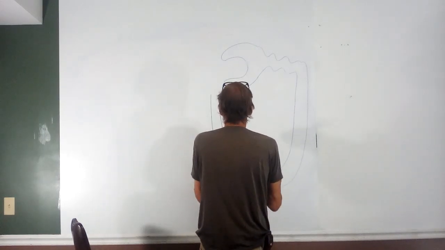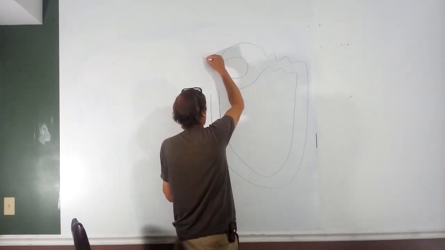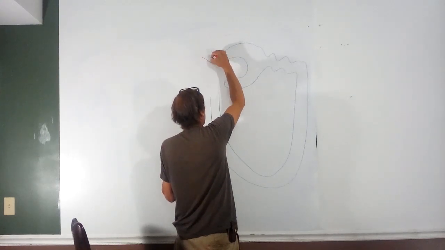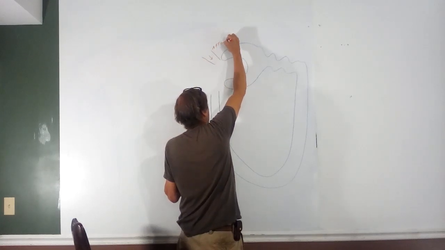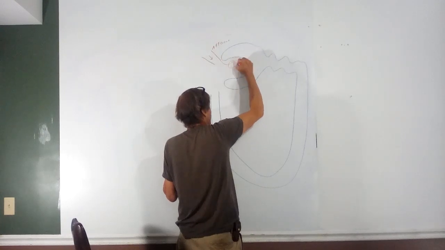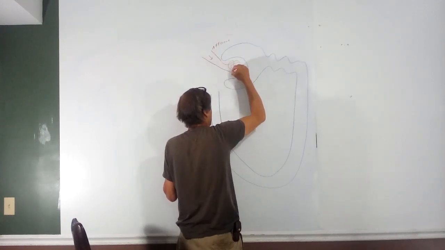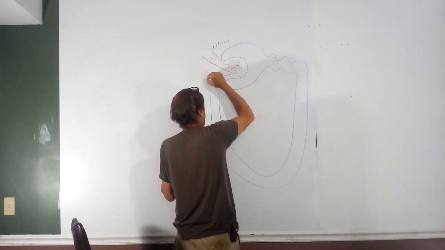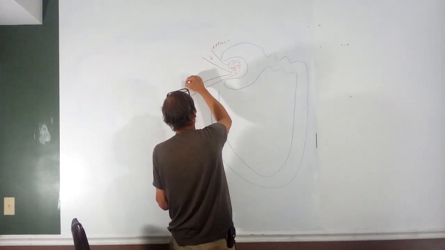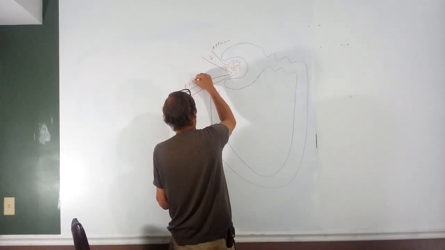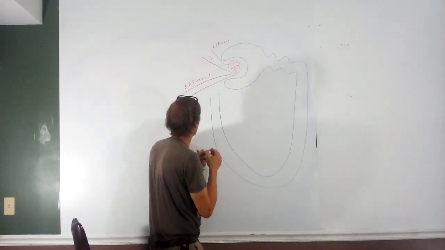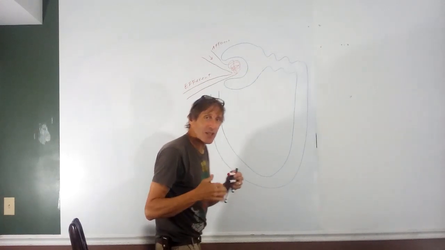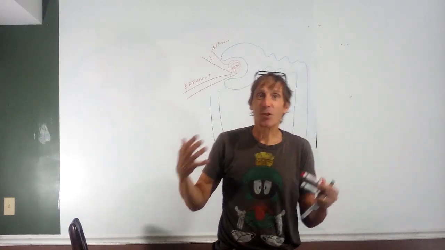Let me put in the blood supply. So we had an afferent arteriole coming in. Let's go this direction, afferent. Then the glomerulus is inside here. And then the efferent is coming out. And what you've got is this efferent arteriole will split into another capillary bed that supplies the rest of the nephron.